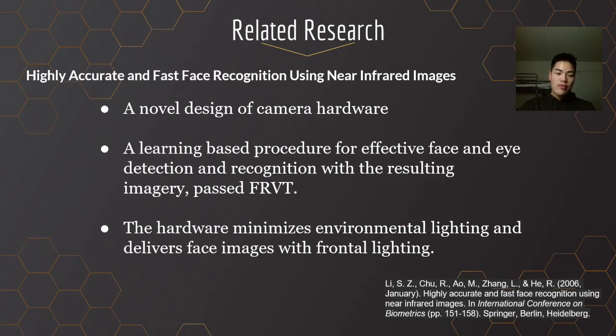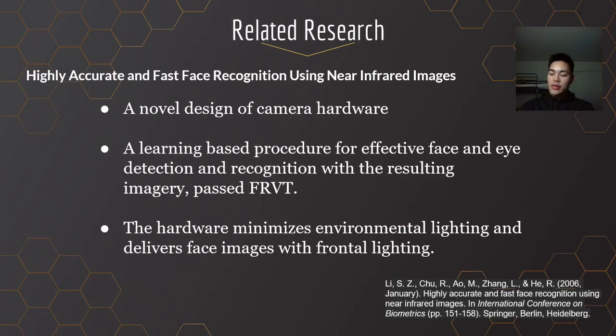The third thing to mention is that the hardware has to minimize environmental lighting and deliver face images with frontal lighting. The scholars recommend two methods to do this. First, mount near infrared light emitting diodes, which are LEDs, on the hardware devices, so that they provide active lighting anytime.